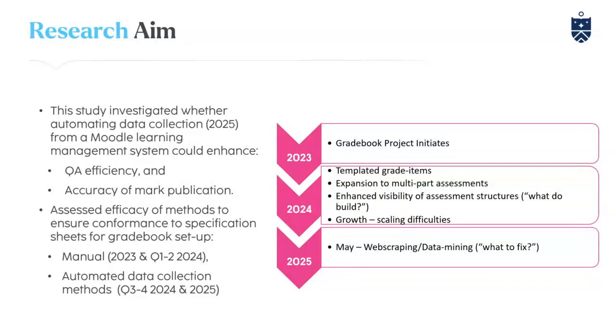And we enhanced visibility of assessment structures, the what to build, by pulling out those specification reports from our student information management system, originally from our module guides. And then we also experienced some growth and scaling difficulties in 2024. And in 2025, this year, from May onwards, we started using the automated methods of web scraping and data mining, that specifically being what to fix.